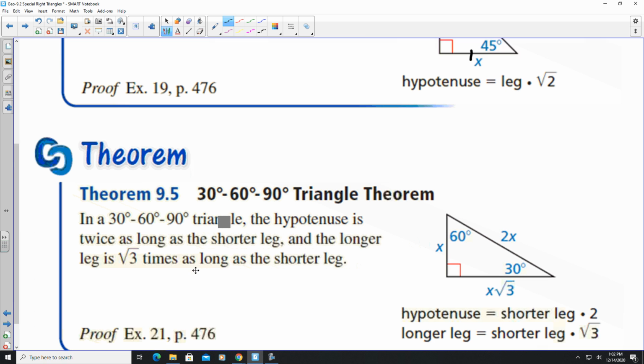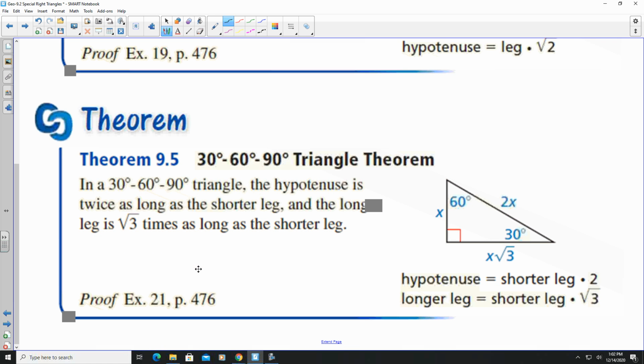If we look at a 30, 60, 90, two things are going to be happening. Depending on which two things you have, your singular value is going to be driven by the side measurement that is opposite of the 30-degree angle.